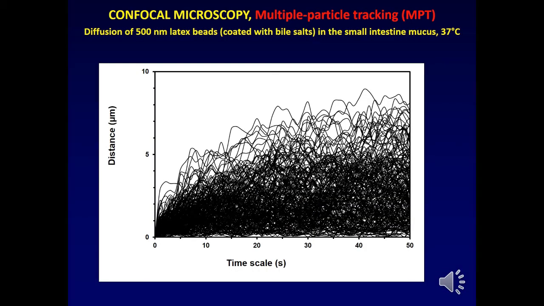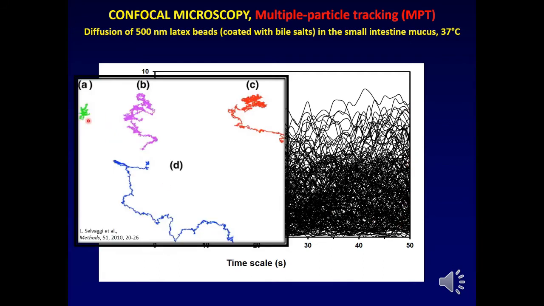This is how raw MPT data usually look like. So we have a broad range of distances covered by individual particles over the timescale of experiment. And this is because some of the particles could only diffuse in very confined spaces or were completely immobilized by the mucus, whereas other particles were able to diffuse in different locations of the mucus.